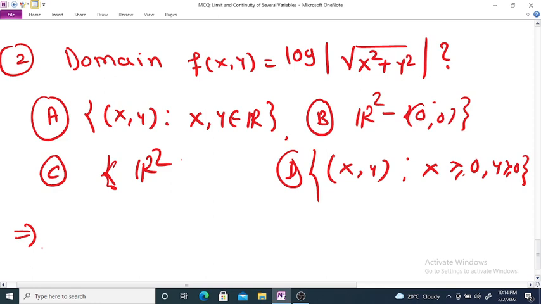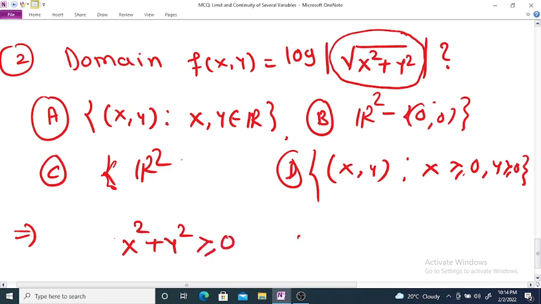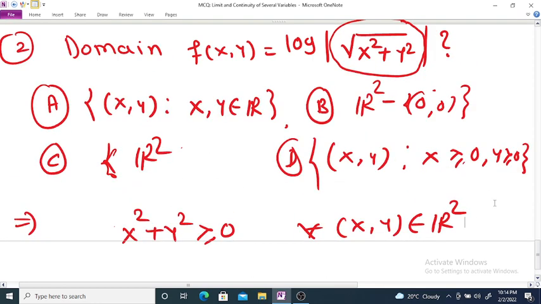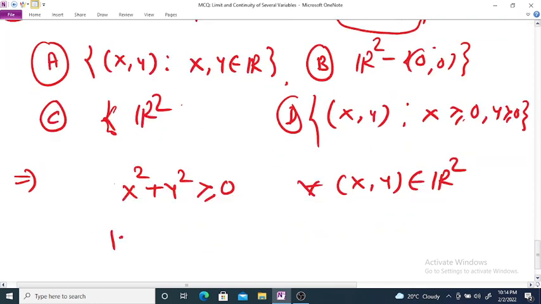Again, we know that the logarithmic function is continuous everywhere, and it is not defined if this term is less than 0. But since x square plus y square is always greater than or equal to 0 for every (x, y) in R square, but again, log is not defined for 0. Log of 0 is what?